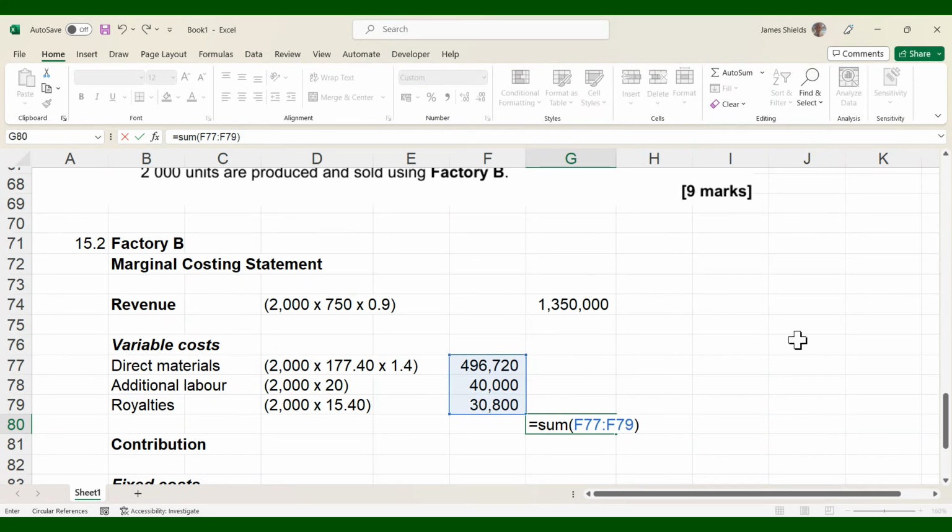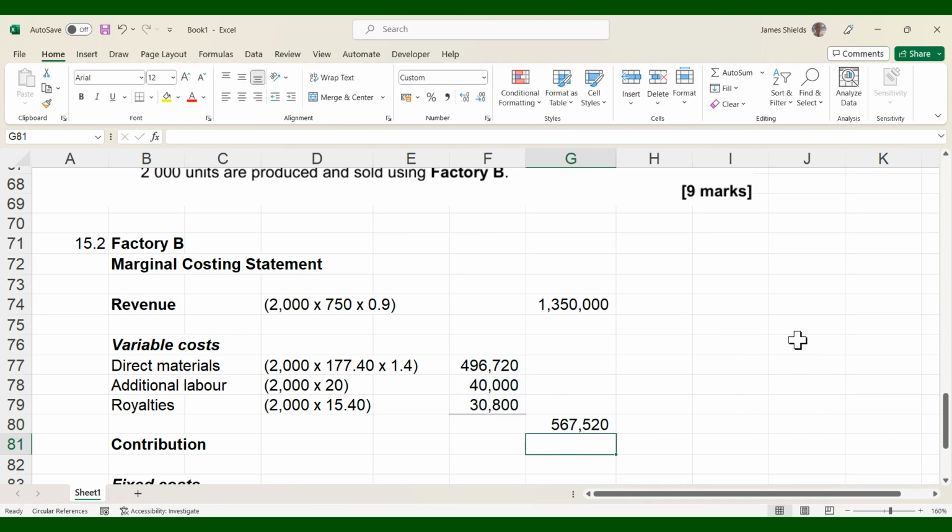That's giving me total variable cost of £567,520. Now they specifically highlight the word contribution. So you get the contribution, it's your revenue of 1,350,000, take away your variable cost total of £567,520. So a contribution is going to be £782,480.